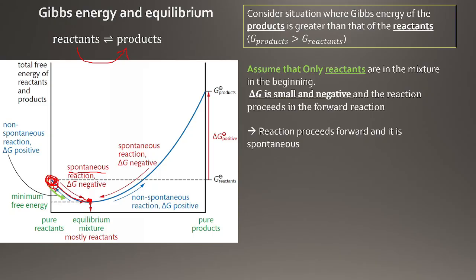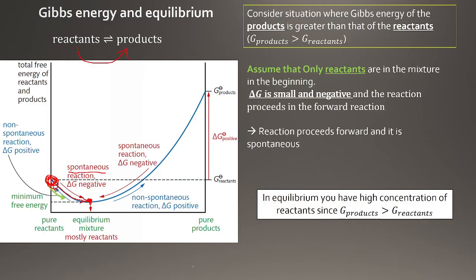And since we started only from pure reactants, in the equilibrium most of the substances will be pure reactants. So that is the case when we start in a situation where we have greater Gibbs energy of the products than of the reactants.